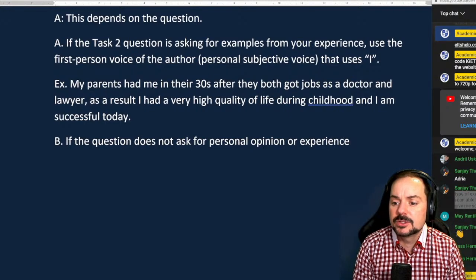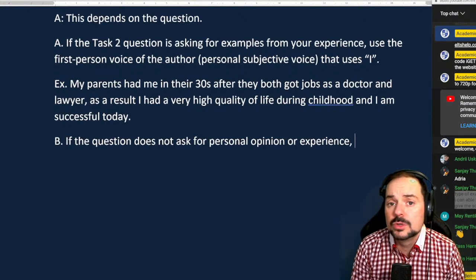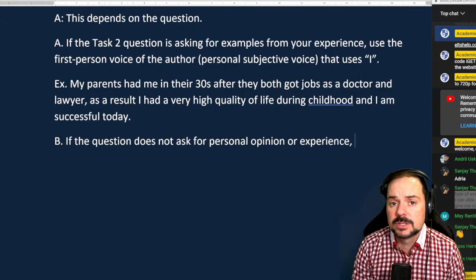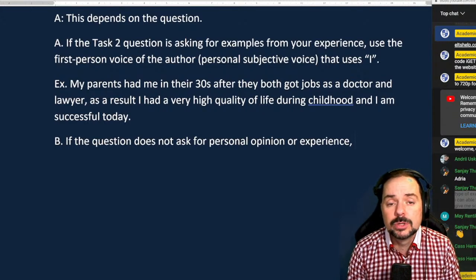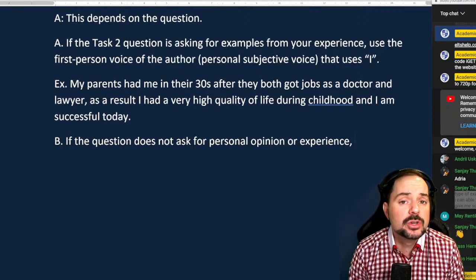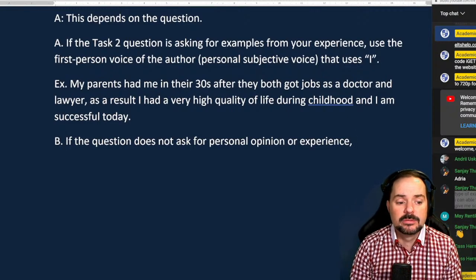then it's best to use the third person voice of the author. It's called the objective voice of the author, the general truth, and give a survey type or a general type of example.